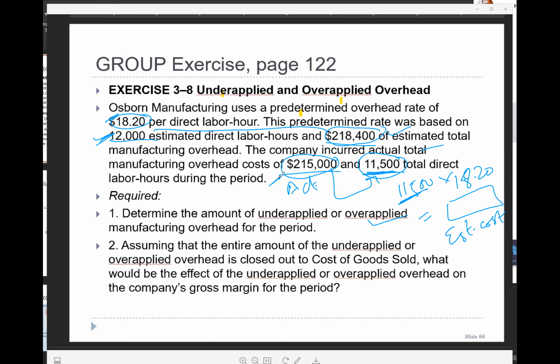Sir, can you explain number 2 also? The question number 2, the cost of goods sold. What does it exactly mean? Cost of goods sold is how much goods are sold, right? For example, we have made 100 goods and 80 are sold. 20 will go to our inventory, right?